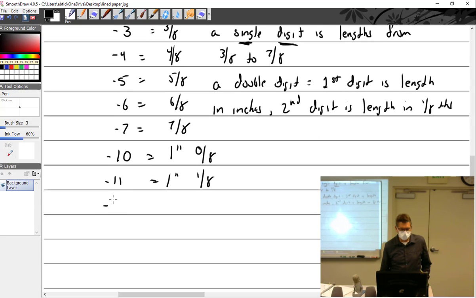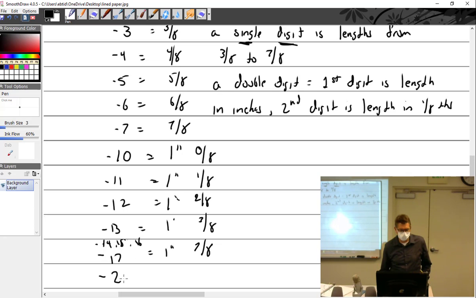All right, so we got 12, which is 1 inch and 2/8. 13 is 1 inch, 3/8. On and on. There's 14, 15, 16, 17 is 1 inch, 7/8. What's next? 20. 20 is 2 inch and 0/8.